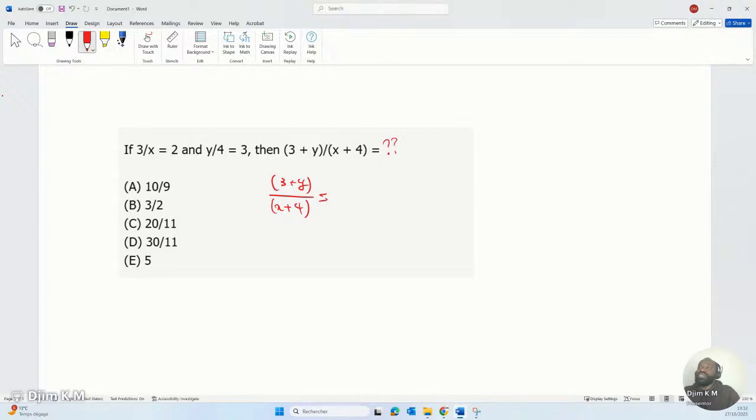But we already know that 3 over x is equal to 2. That means that x is equal to 3 over 2. And y over 4 is equal to 3, and y is equal to 12. So that means here we know the value of y, so it's going to be 3 plus 12.